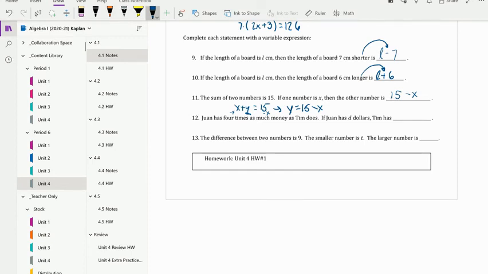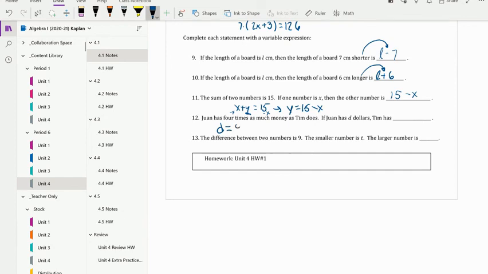Getting close to the end here. Juan has 4 times as much money as Tim does. If Juan has D dollars, Tim has blank. Okay, so Juan has D dollars. So has is kind of like is. D equals how much Juan has: 4 times as much money as Tim.